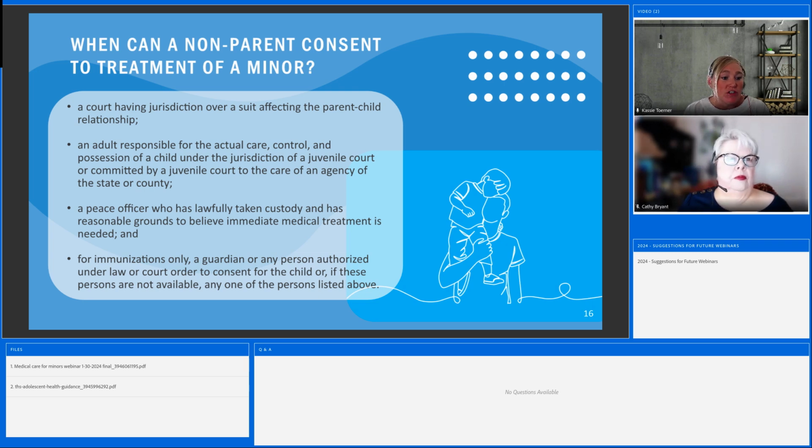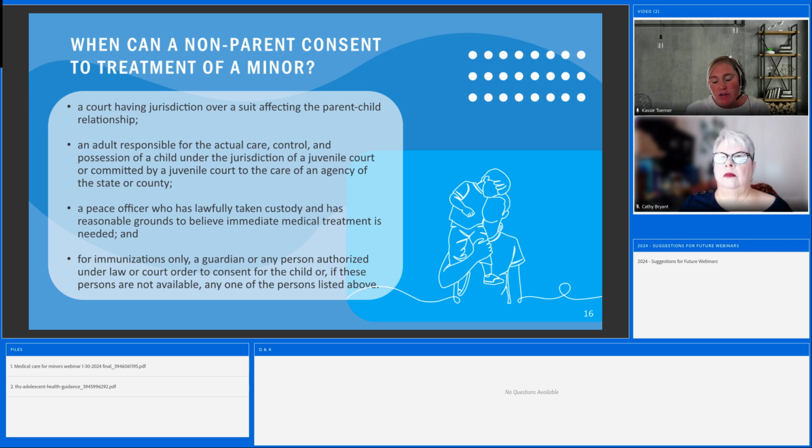An adult responsible for the actual care, control, and possession of a child under the jurisdiction of a juvenile court system may consent. A peace officer who deems that care is needed may also bring a minor in for treatment. And for immunizations, a guardian or any person authorized under law or court order can consent for these.